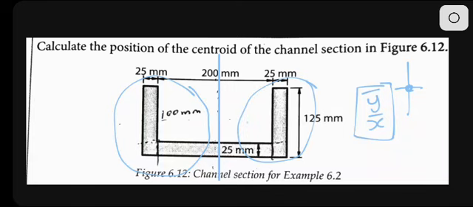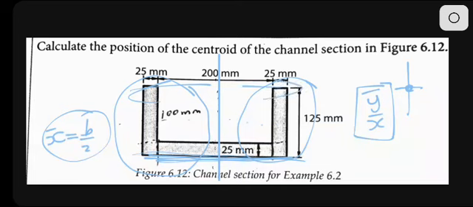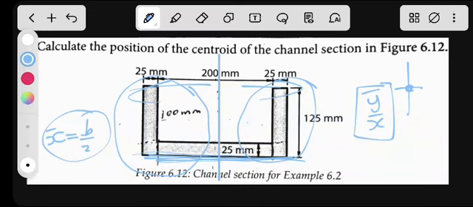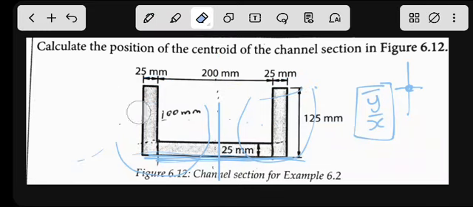If this happens, then for x bar you take the base and divide it by 2, and you'll have your x bar. That's only if the left hand side and right hand side are symmetrical, meaning they are the same.